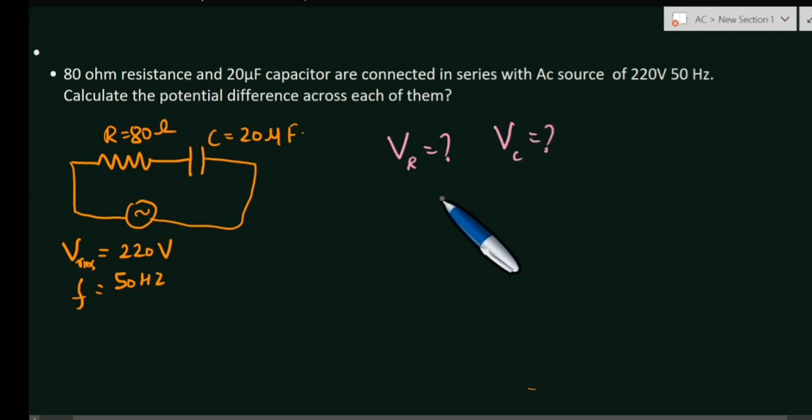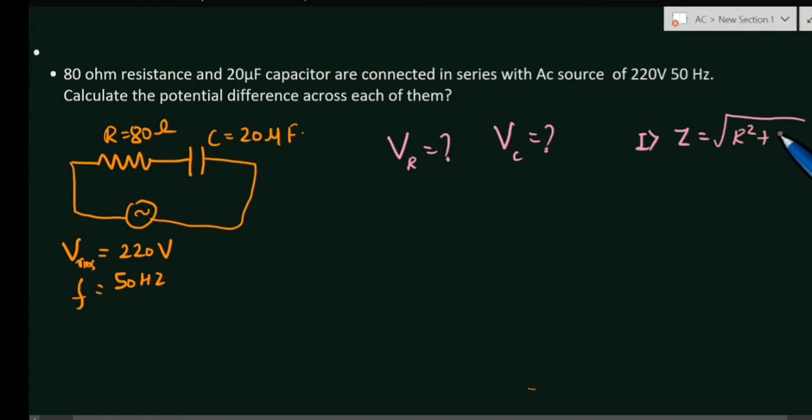VC? So to calculate VR and VC, we need to know what is the current value. So the first step to do this problem, you can calculate the value of Z. The formula of Z is equal to root of R square plus XL minus XC square.